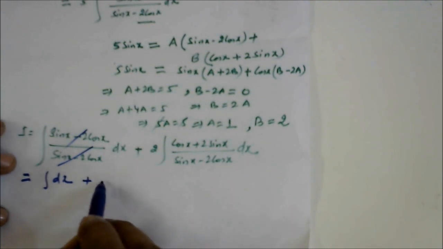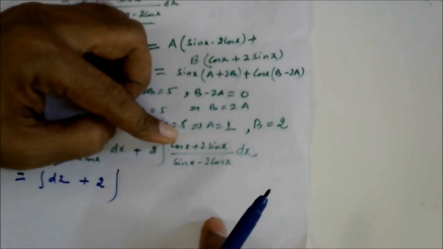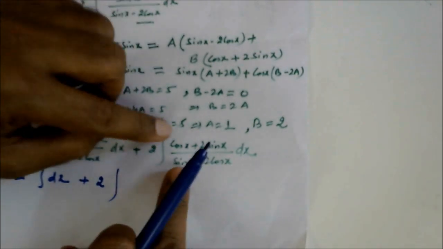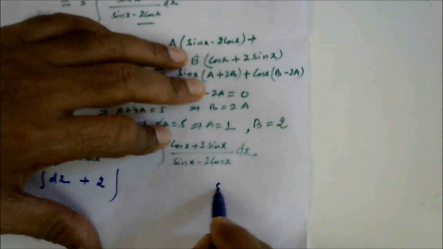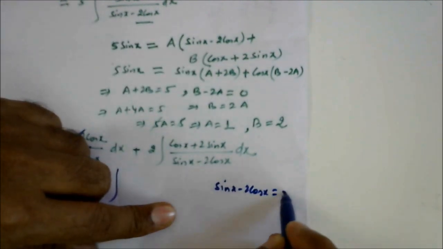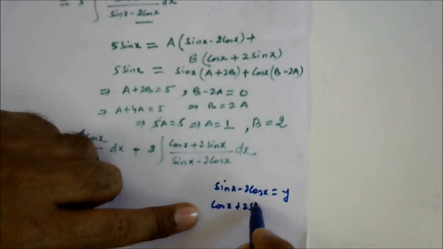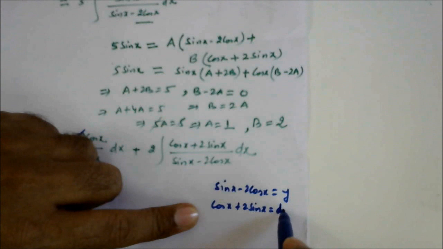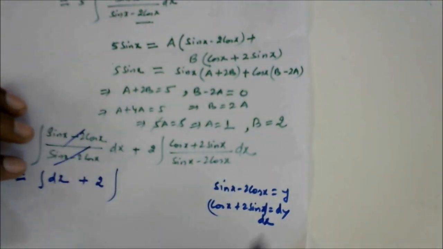plus, and this one actually substitution method we can apply. So this is the differentiation of sin x minus 2 cos x. So you can assume sin x minus 2 cos x is equal to y, then it will give cos x plus 2 sin x is equal to dy by dx, sorry, dx is equal to dy.